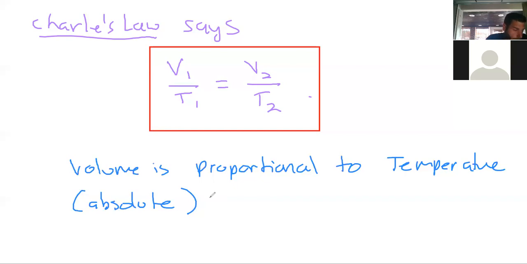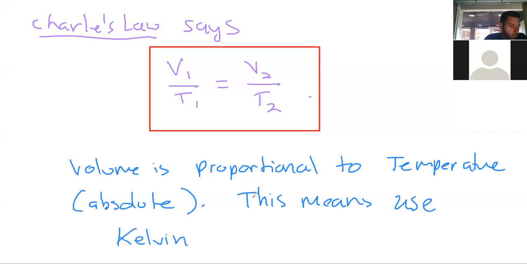So we haven't really discussed that word, but we will in due time. What's important for you to understand right now is this means we're going to use Kelvin units.